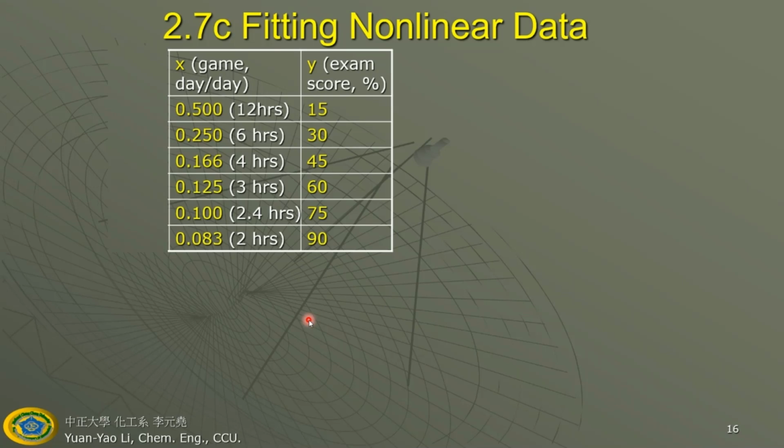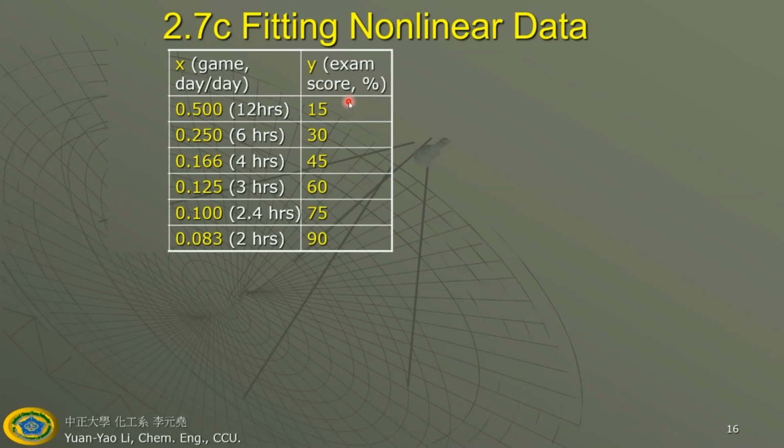Does anybody want to tell me the name of this course? Elementary principles of the chemical processes, right? Elementary principles of the chemical processes. Okay, so this is the time you spend in a day to play computer games. Okay, and this is the score you can get.